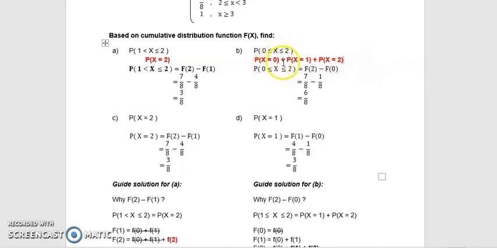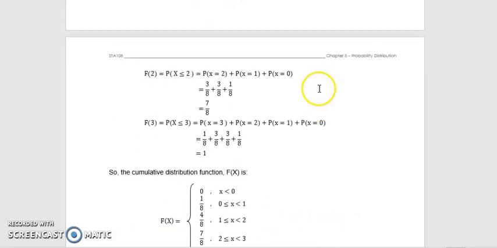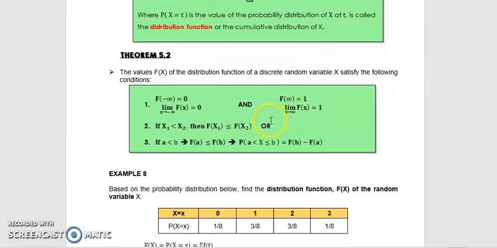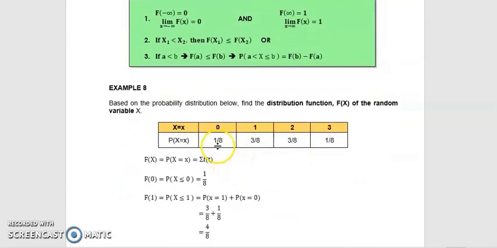Based on the probability distribution given here, 1 over 8 plus 3 over 8 plus 3 over 8, so the answer will be 7 over 8.